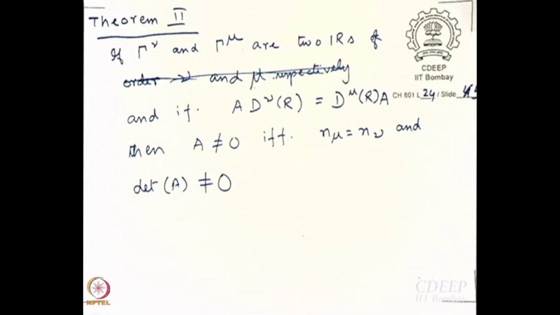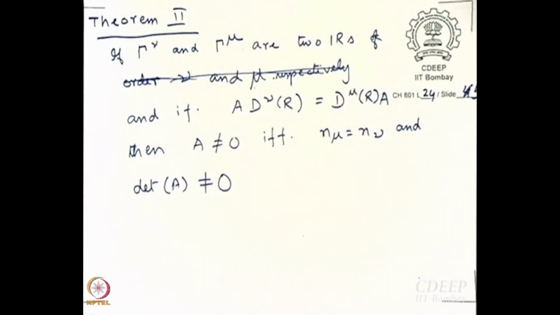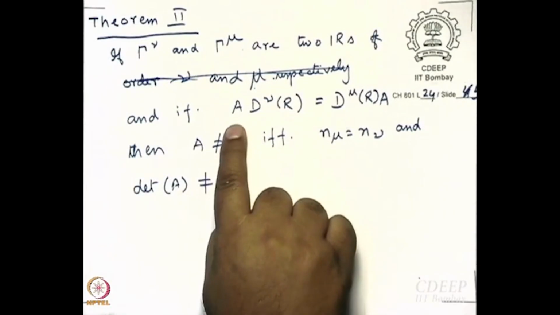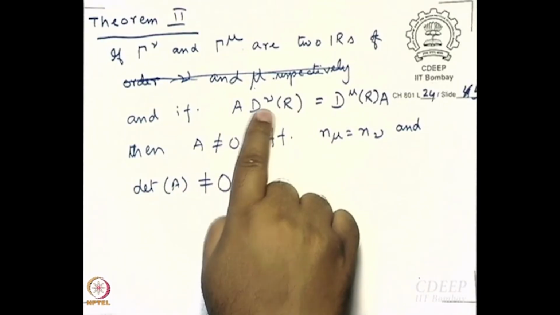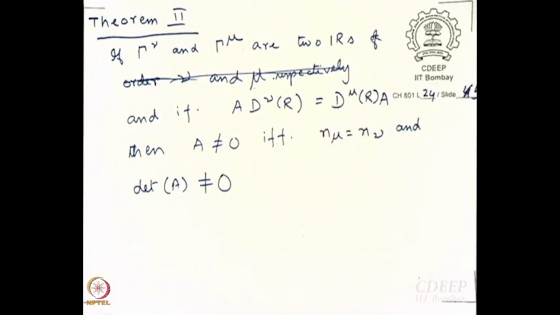Okay. It is a little more complicated than the first one, but we will stick to the simple part of it anyway. You have two different irreducible representations, gamma nu and gamma mu, and let us say there is a matrix A such that A d nu r equal to d mu r A for all symmetry operations R. You cannot say that it works with one symmetry operation, does not work with another, that is no fun.